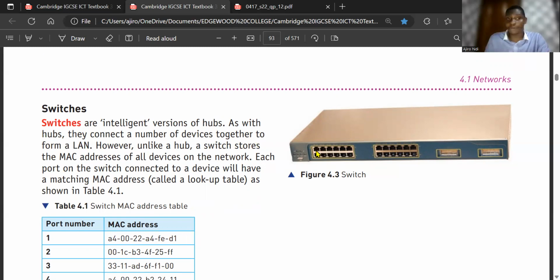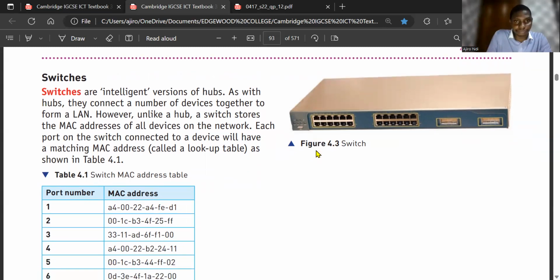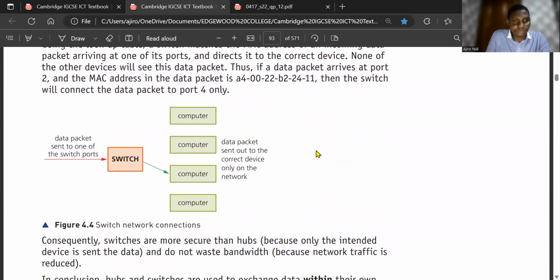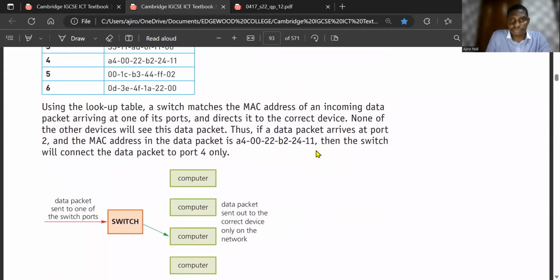There are different brands of switches. They can connect a number of devices, the same as a hub. But the key difference about the switch is that incoming data arriving at one of its ports will be directed to the correct device.